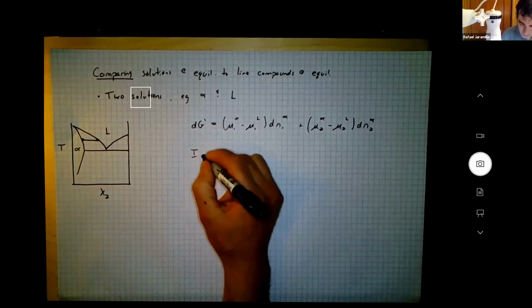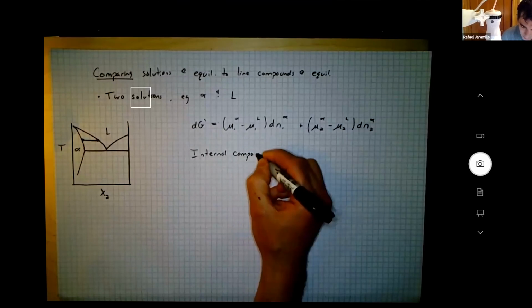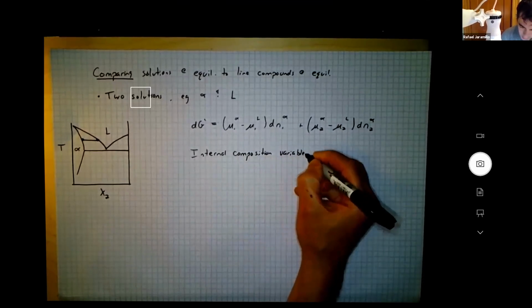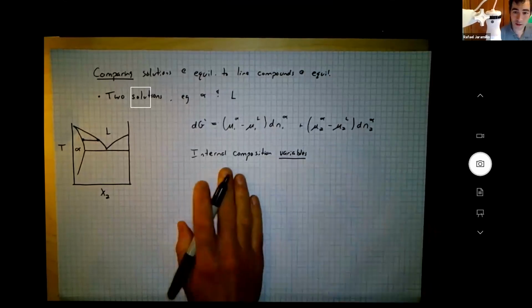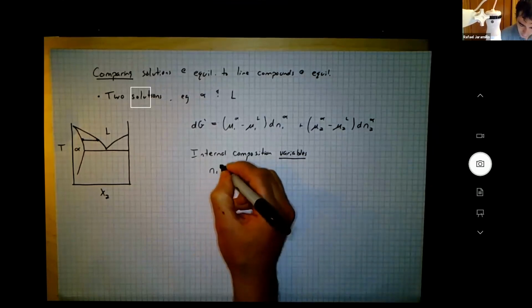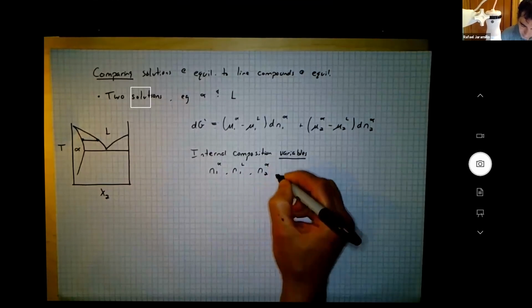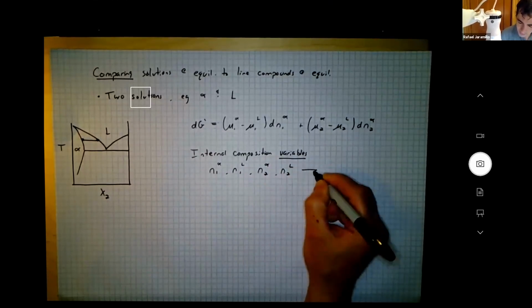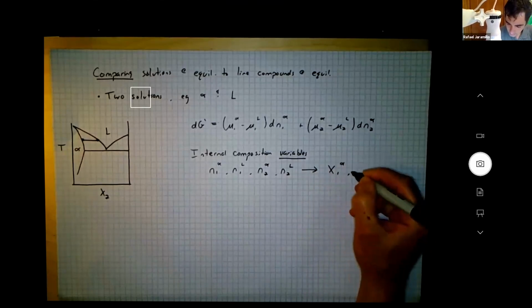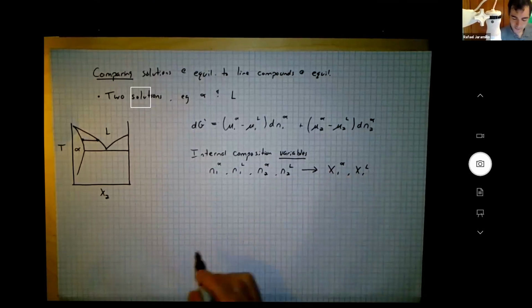We have internal composition variables. Right, the compositions are variable. So we have N1 alpha, N1 liquid, N2 alpha, N2 liquid. And if we have conservation of mass, we can boil this down, let's say, to X1 alpha and X1 liquid. So we have these composition variables. We're familiar with that.